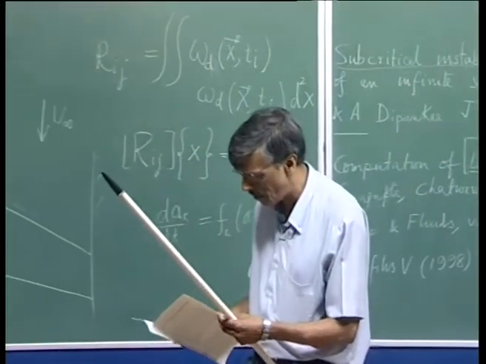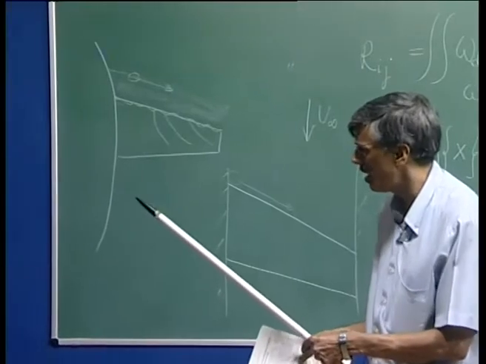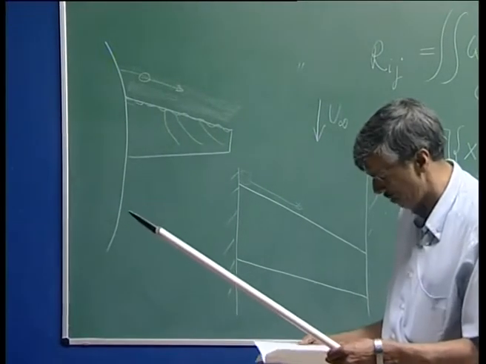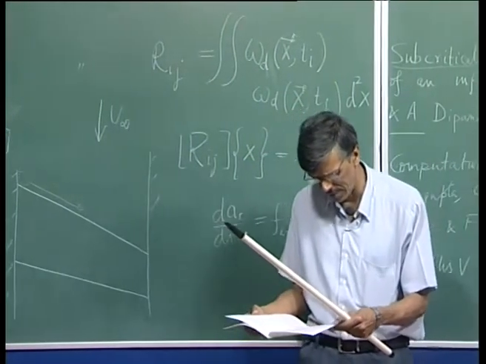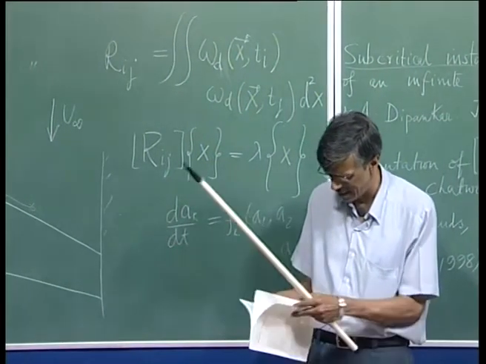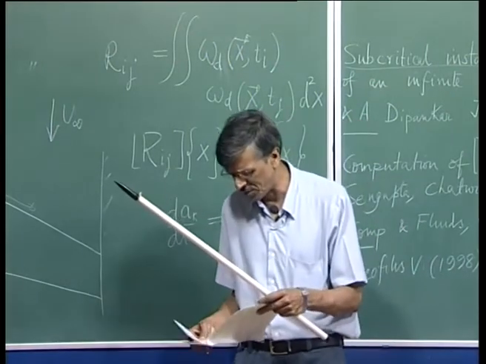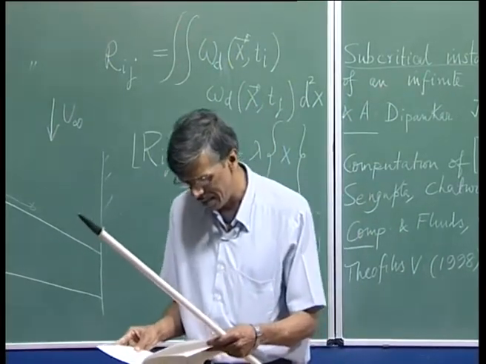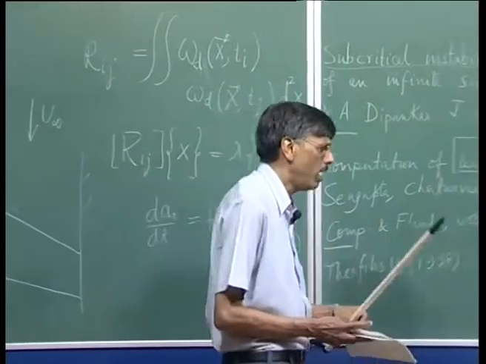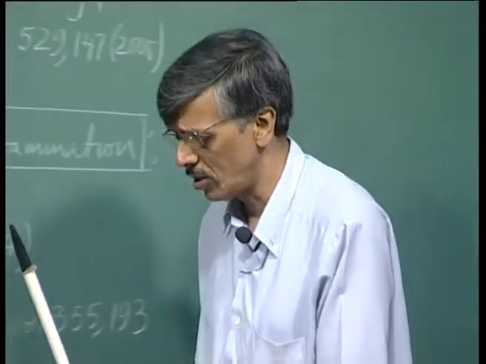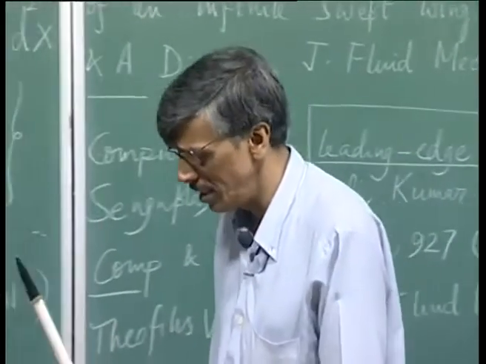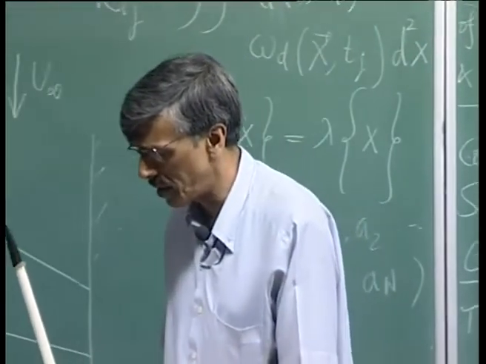In fact, I think it was in one of the early papers by Theophilus in 1993 that he made a remark. He tried to compute 2D and 3D flows, and apparently could not see any instability occurring for the two-dimensional flow.